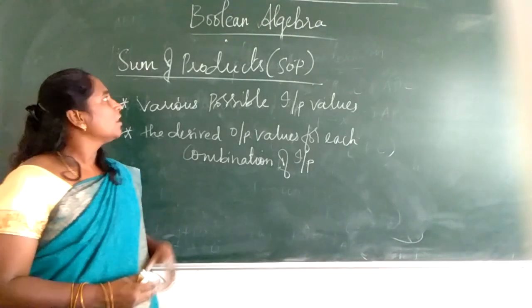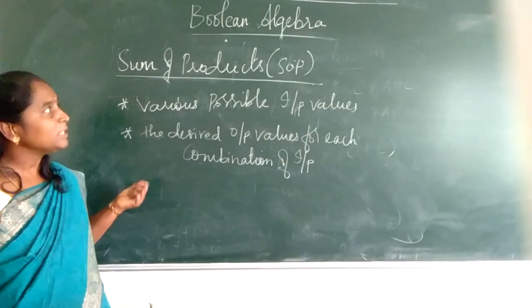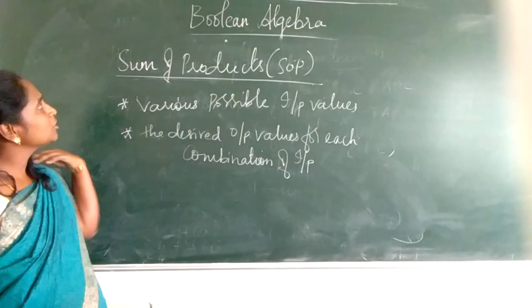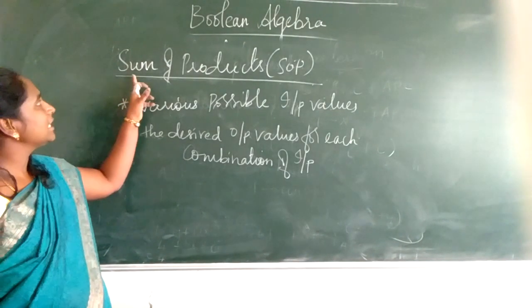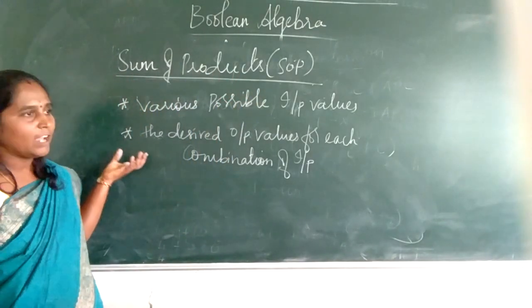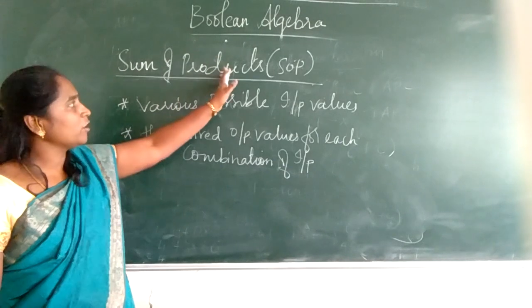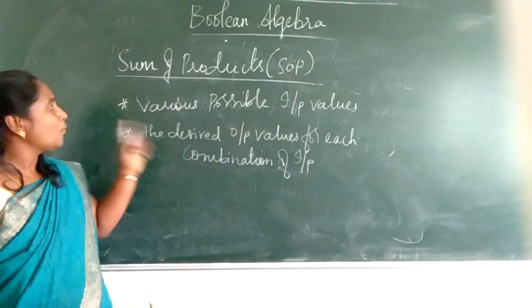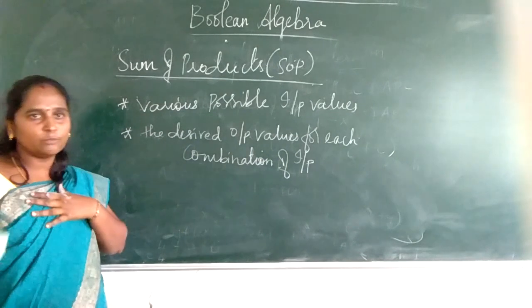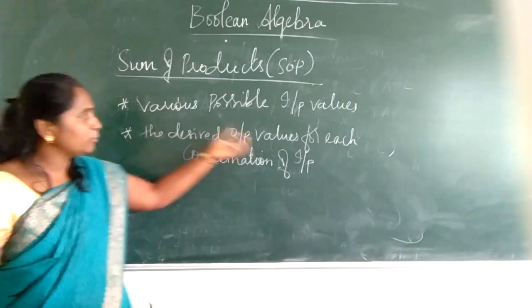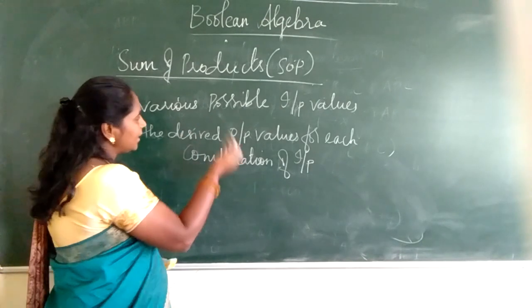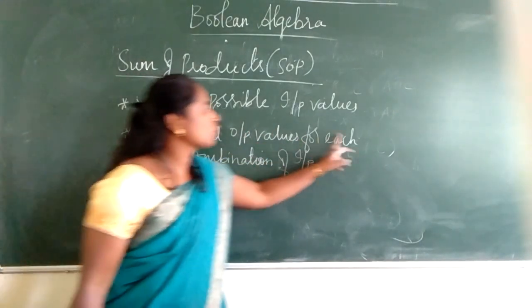I have told you the canonical expression can be of min-term or max term. A min-term expression is also called the sum of products or standard sum of products. The values in the sum of products come from two things: one, the various possible input values, the possible ways of inputting the values; next, the desired output values for each combination.